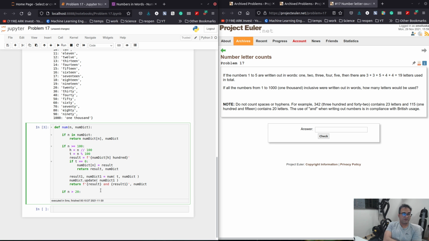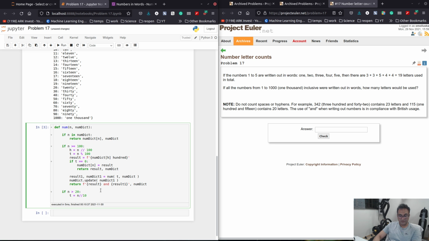Okay, we need to find the units place, tens place equals n by 10, that one, and the tens and units place is n percentage 10. Okay.